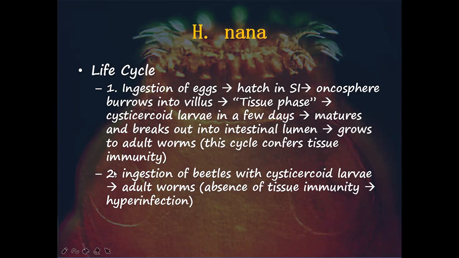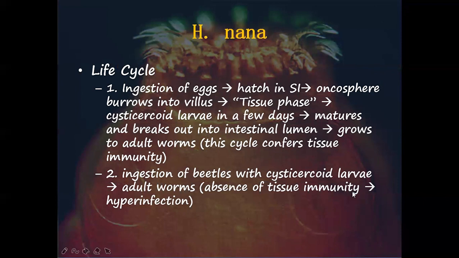Okay. The second life cycle, not so common. You ingest the beetles already containing the cysticercoid larvae. Because you ingest the cysticercoid larvae, they will be released in the intestine and become adult worms. There is no tissue phase. There is no invasion of your oncosphere into your tissues, so there is no immunity or tissue immunity in this case.